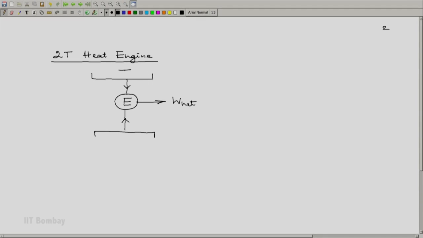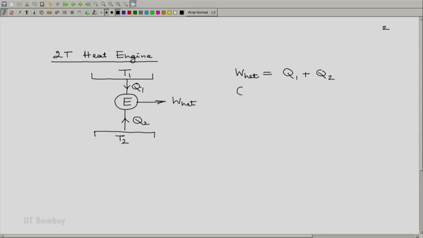Let us say it absorbs from a reservoir at temperature T1 heat equal to Q1, and the reservoir at temperature T2 provides heat to the engine, which is say Q2. Now look at the consequences. This is heat absorbed, this is also heat absorbed, this is work done. So the first law becomes, because the engine is a cyclic device, W net is Q1 plus Q2.